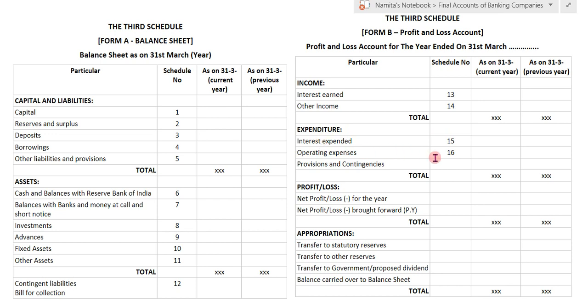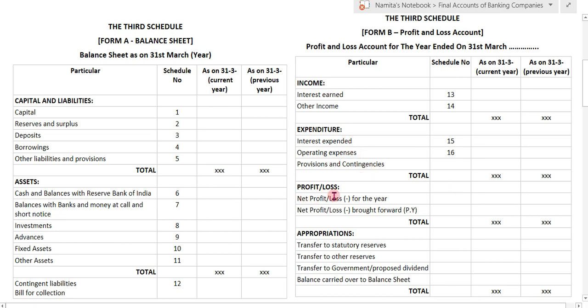In expenditure there are 2 schedules, and last is provisions and contingencies, which doesn't have any schedule number. So in expenditure, interest expended is schedule number 15, operating expenses is schedule number 16, then provisions and contingencies, and last will be the total of expenditure.